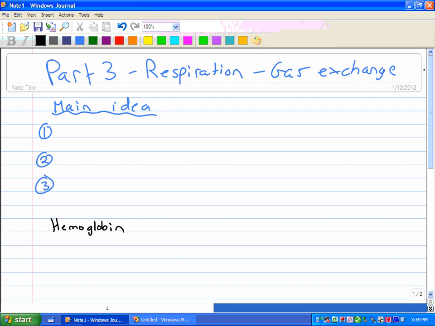Our respiration is broken down in terms of gas exchange into 3. We have our external respiration, we have our internal, and we have our cellular respiration.